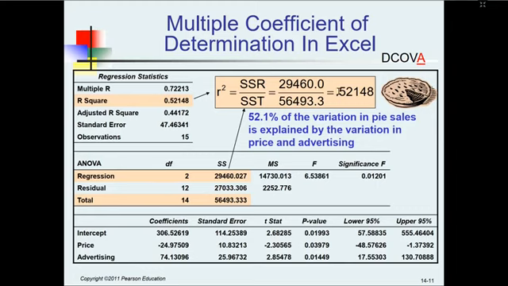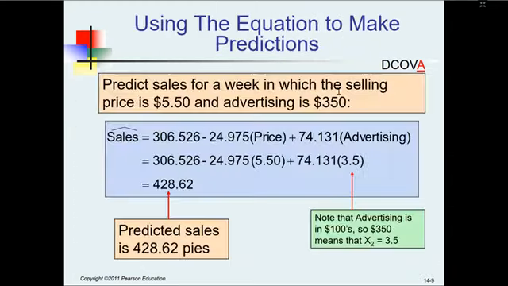What it means is that price and advertising are contributing about 52.1% in the prediction of sales. Are you getting me? So the contribution of price and advertising in prediction of sales is about 52.1%.